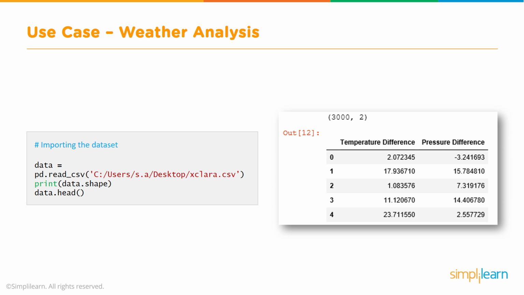It'll print out what you see here, just the header and the line number and the different data associated with it. So you have your temperature difference, your pressure difference, and you have line 0, 1, 2, 3, 4, and the head only prints out the first 4 lines. Kind of a nice way just to glance and see what kind of data you're going to look at. And this is a nice introduction into Pandas, a really wonderful tool in the Python library.